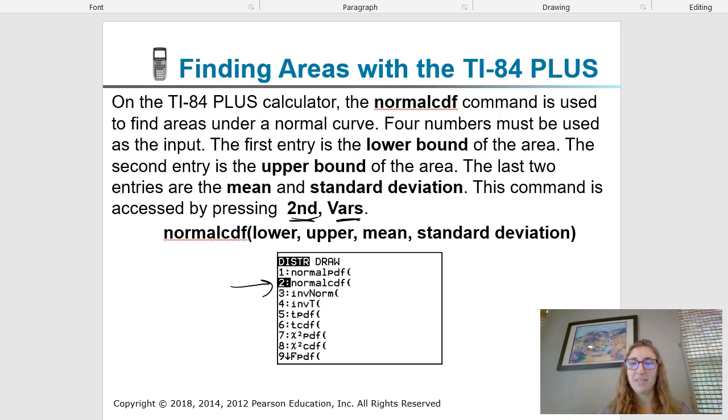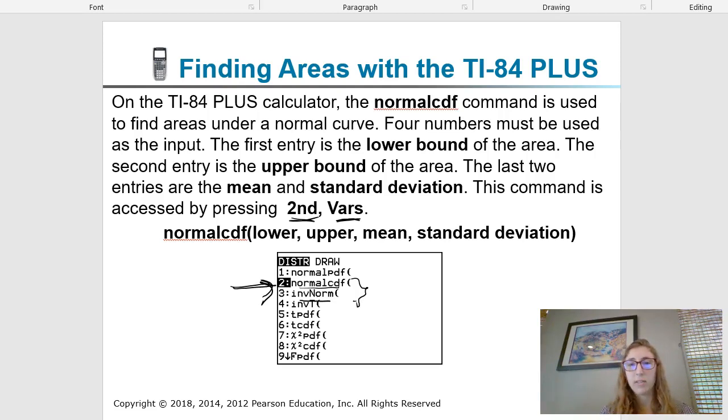Sorry, the calculator is not working out for me here, but you're going to go second and vars just like you did with our binomials. You're going to get the second guy here. So in general for chapter 6, we're going to be using these two. We're going to be using normal CDF and we're going to be using InvNorm. Okay. We will not be using normal PDF. We do not need that guy.